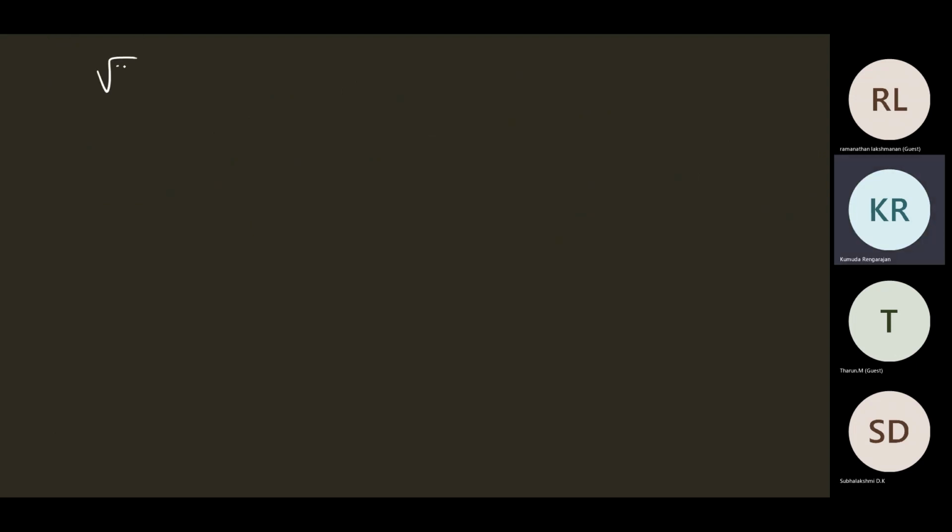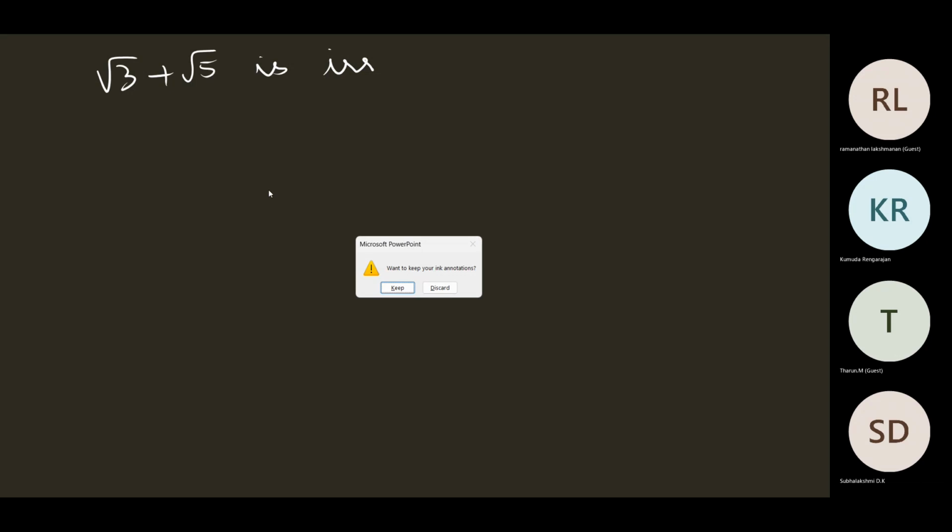How will you show that root 3 plus root 5 is irrational? I think I have a presentation.